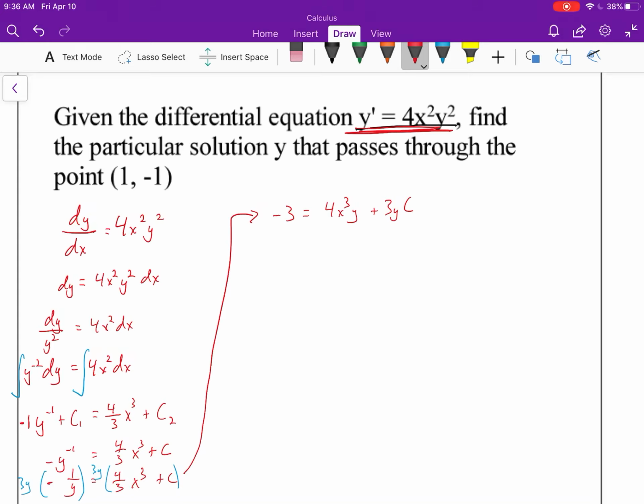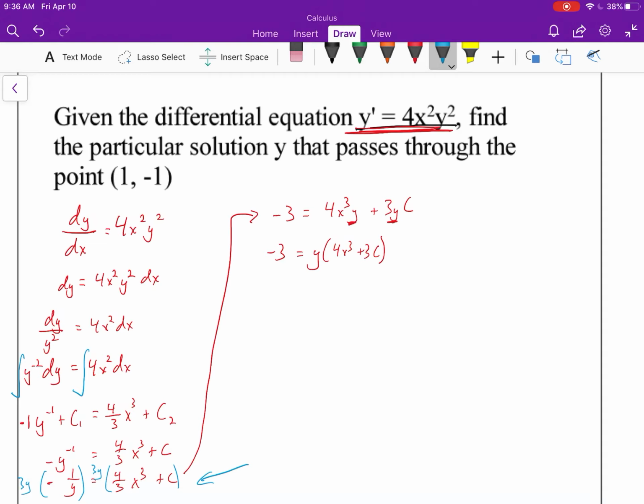Now we want to solve for y. We notice we have a y on both sides, in both terms, so we can factor out a y. So we have negative 3 equals y times 4x cubed plus 3c. Now I do want you to realize we did get rid of denominators when we multiplied by this 3y down here in blue.